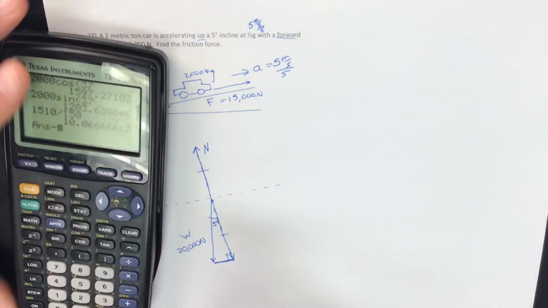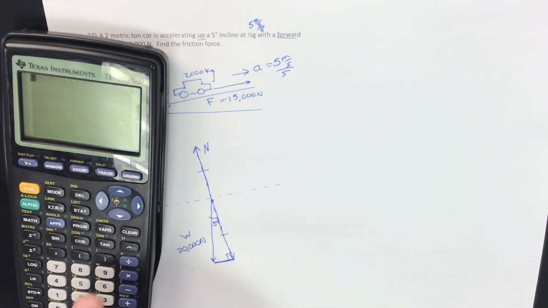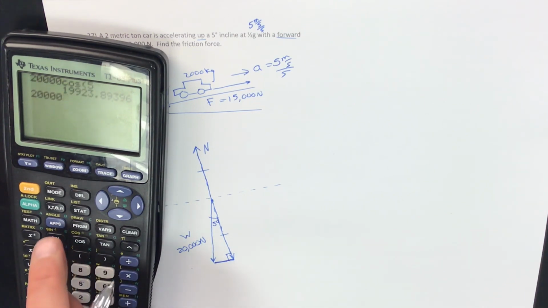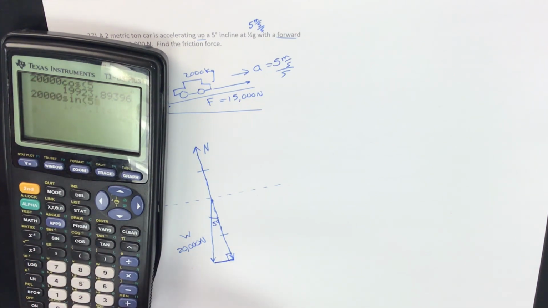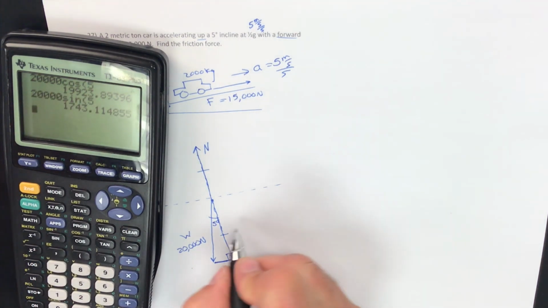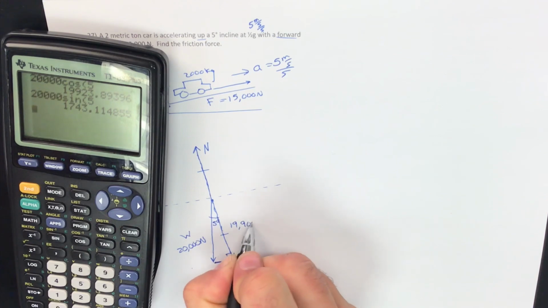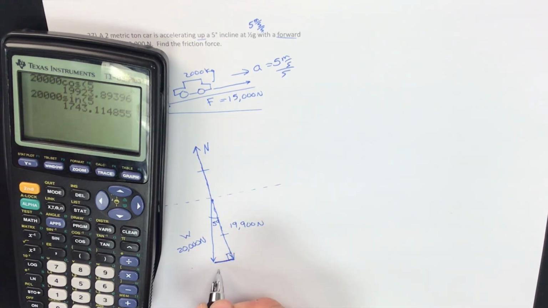Do the same thing as we did before. 20,000 cosine 5, 20,000 sine 5, and you have a 19,900 and a 1,740.